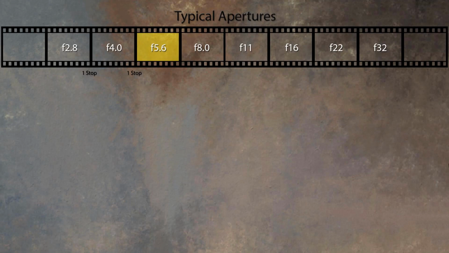Now I'm sure you're already seeing a pattern here. The exposure difference between every setting is one stop. So working from left to right, each setting represents a halving of the light falling on the sensor. If we work right to left, we would be doubling the light between each aperture setting.